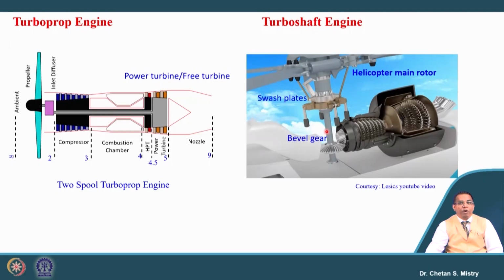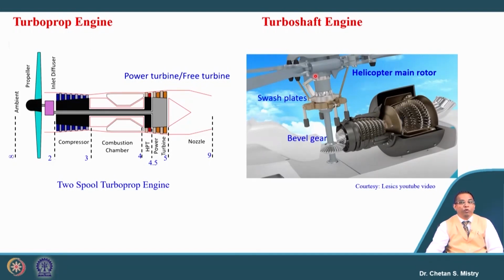So, the additional power generated by our power turbine or free turbine is used to rotate this bevel gear. Now, this bevel gear transfers the power to this shaft, and that shaft is connected with the helicopter rotor.